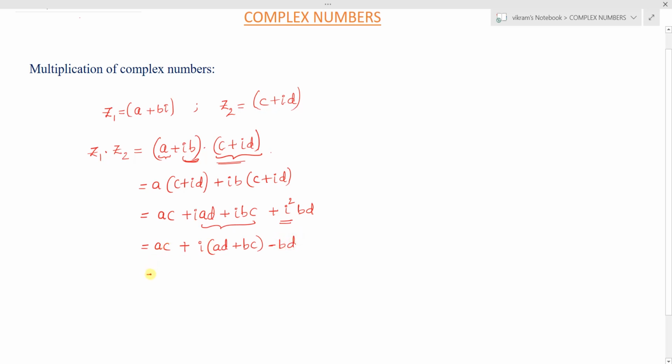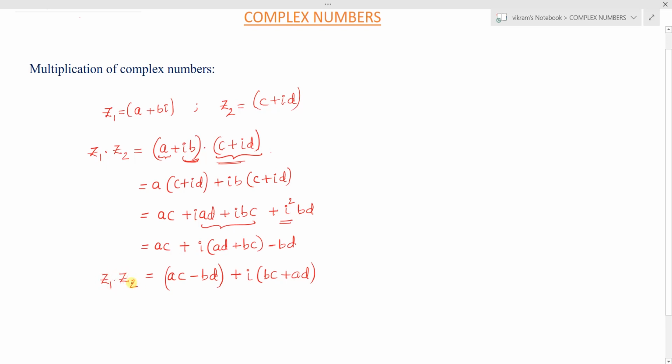Now write the real parts together and the imaginary parts separately: ac minus bd plus i times bc plus ad. This is the multiplication of two complex numbers.